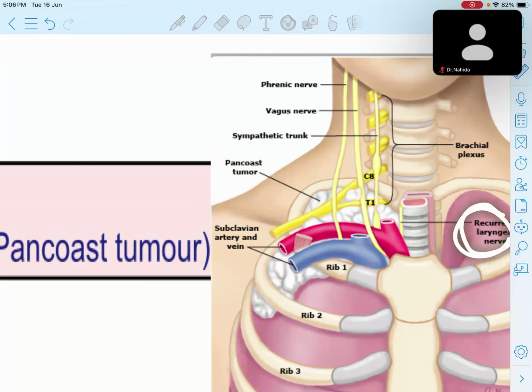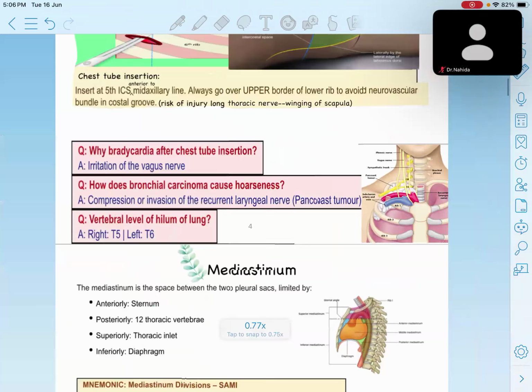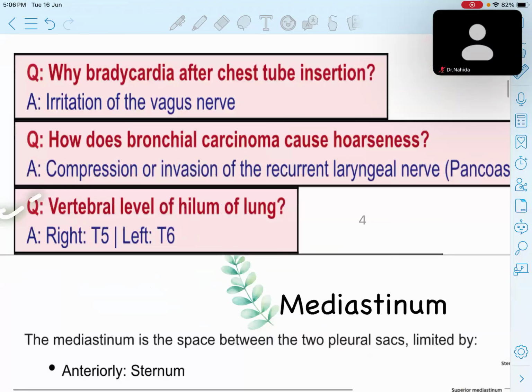So this recurrent laryngeal nerve will be compressed. So what will happen? When there is compression or invasion of the recurrent laryngeal nerve by the Pancoast tumor, it will cause hoarseness. And this is from the lungs; we will discuss it in the lung topic also.